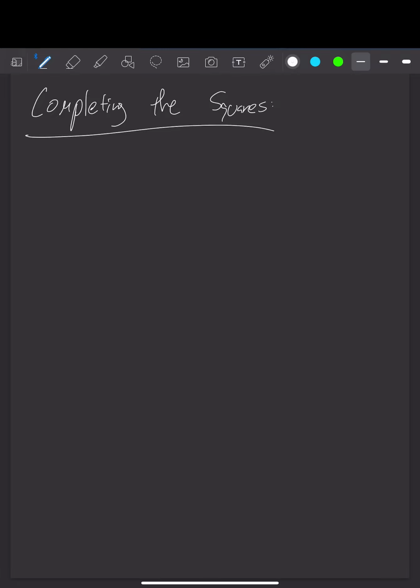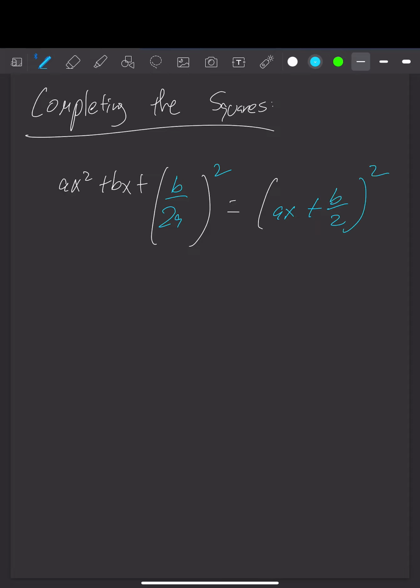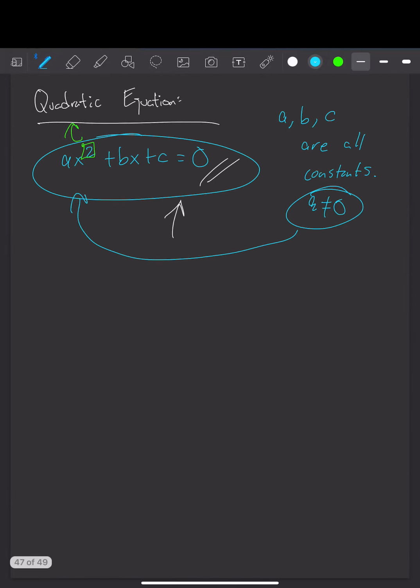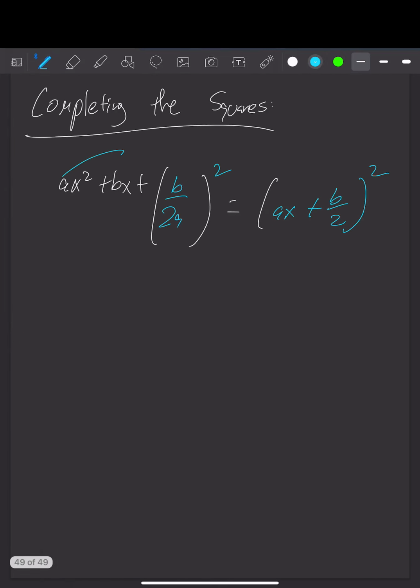When it comes to a quadratic equation, what it entails is that you're going to have x squared plus bx plus, instead of c, b over 2 squared, equals, and the right-hand side is going to be x plus b over 2, squared. As you can see, it's a bit different from your original quadratic, but now we have this form to use for completing the square.